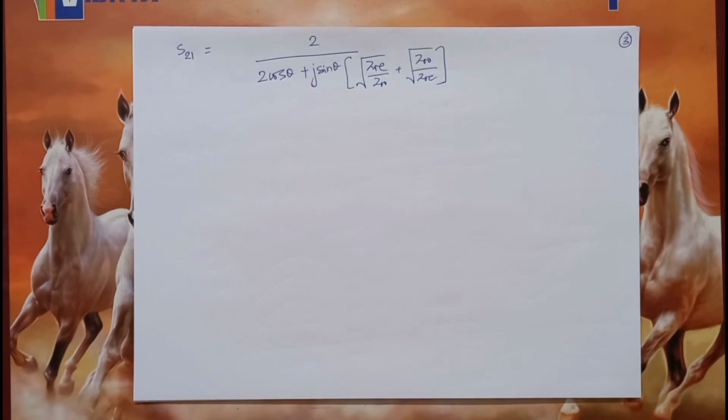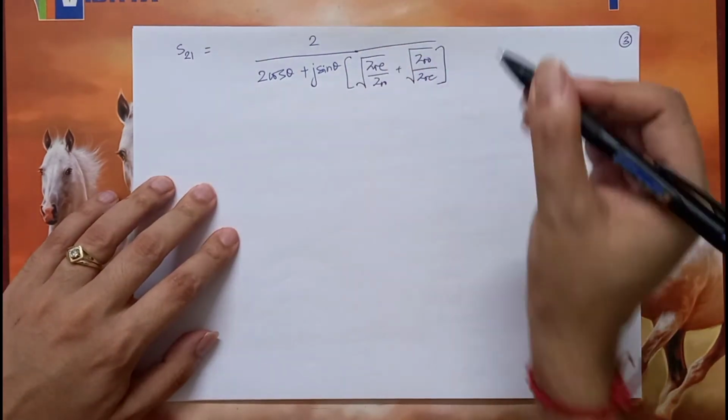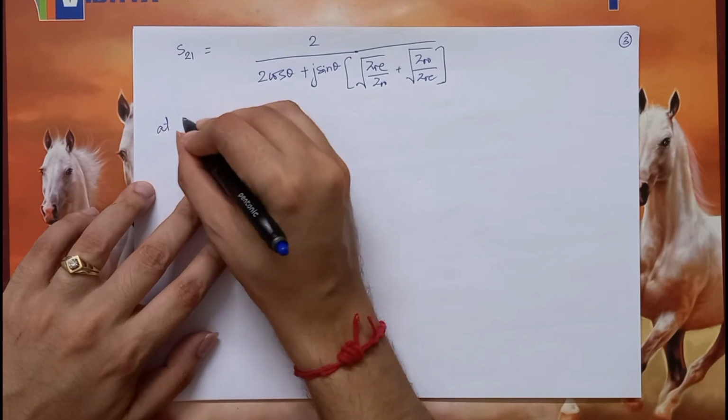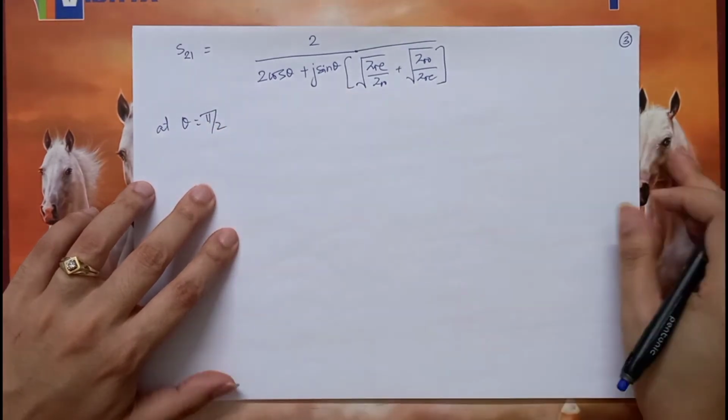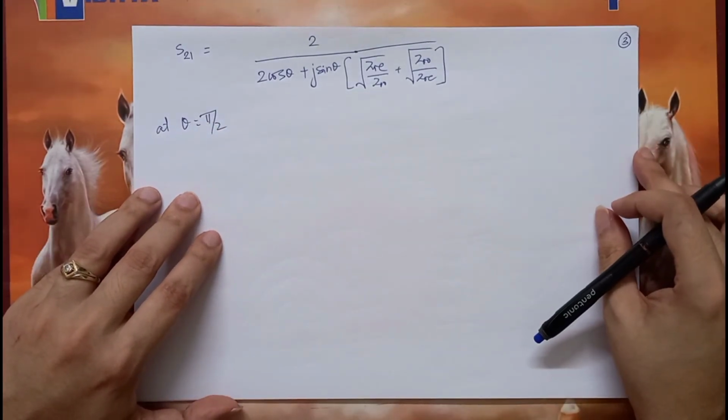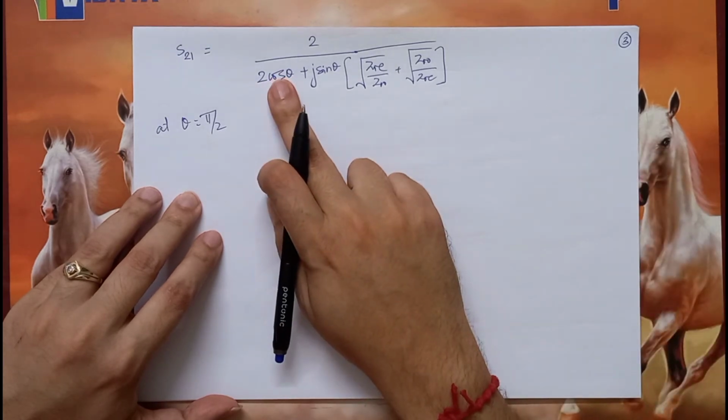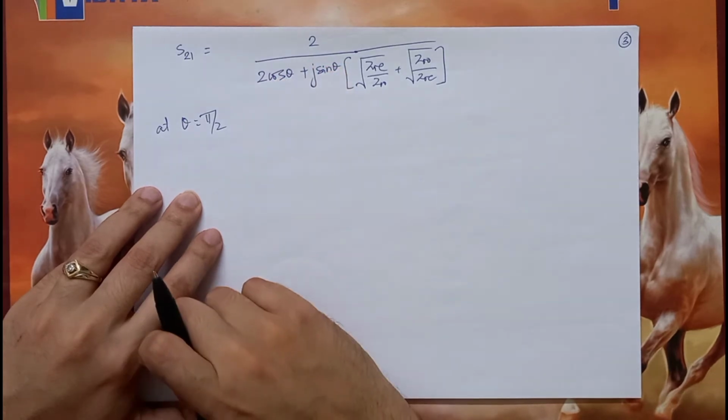So at theta equal to pi by 2, this cos theta term will disappear and this will become 1.